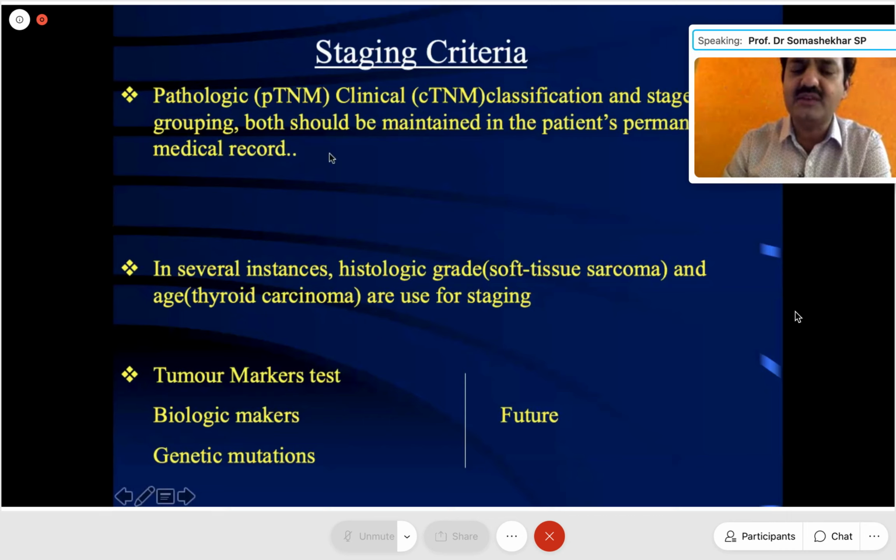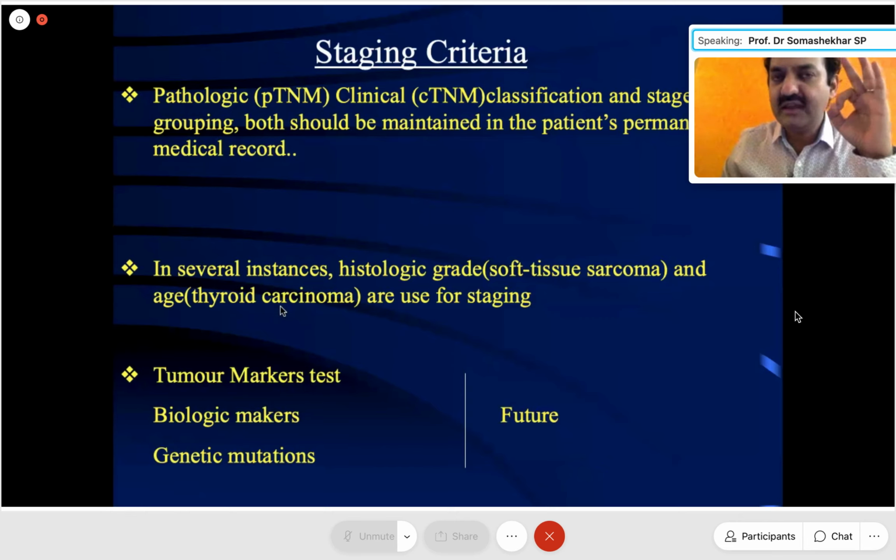So pTNM is when you have done a surgery. In several instances, histological grade, soft tissue sarcoma and thyroid are the two tumors where grade is a part of staging. Remember, this is always asked in a practical. Name two places where grade is a part of staging. GTNM staging, that is soft tissue sarcoma. There is a special name for sarcoma staging, read about it.